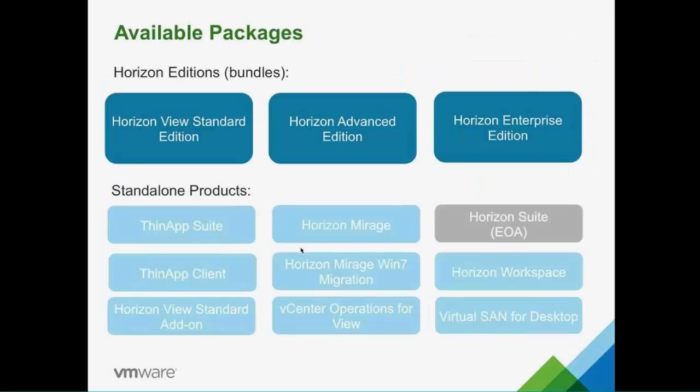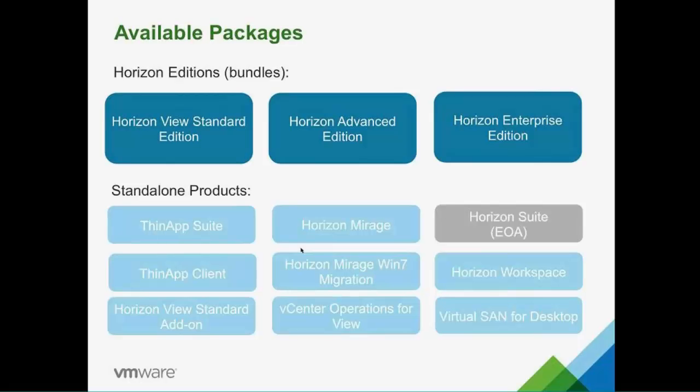Again, we look at the bundles. There are 3 bundles: Horizon View Standard Edition, Horizon Advanced Edition, and Horizon Enterprise Edition. Okay? And these standalone products go in addition to that, right? You're going to have things like Horizon Mirage, right?